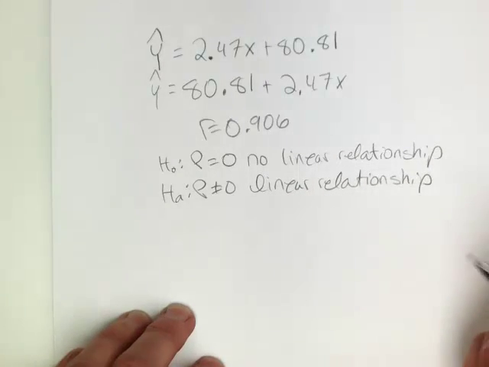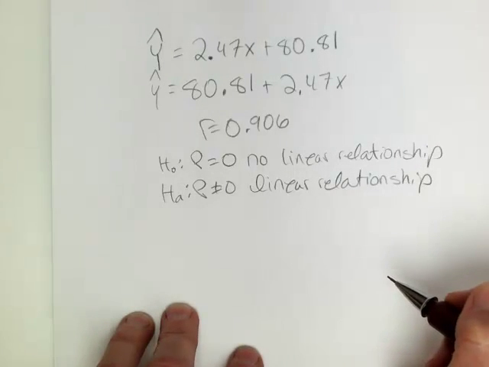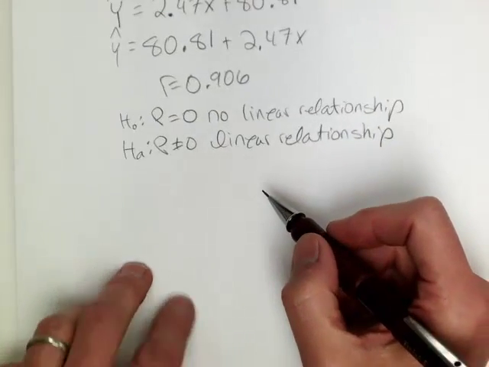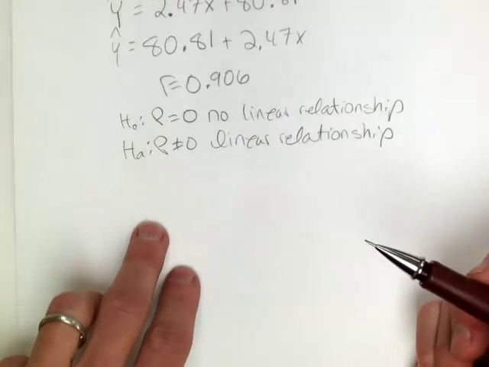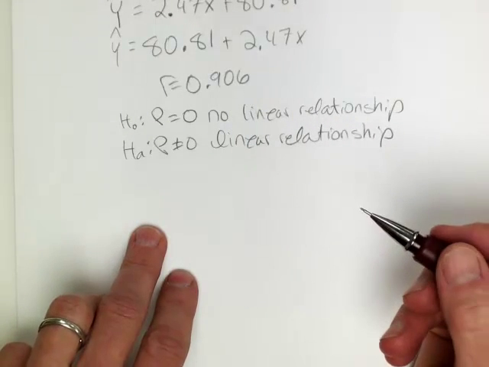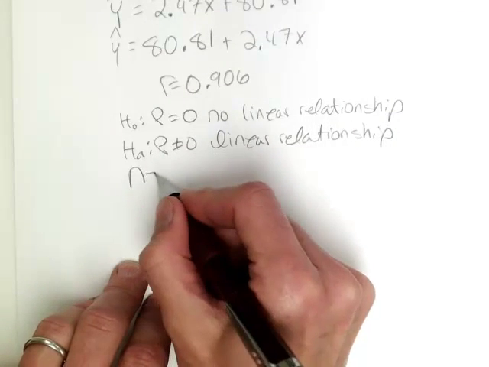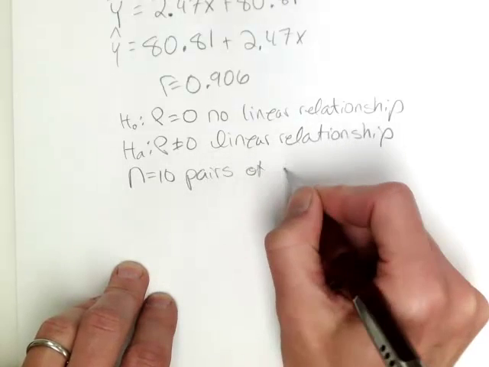This is also the same thing as testing whether or not our slope is equal to 0 for the corresponding regression equation. So we want to compare R to a critical value in table 11. To use table 11, we need the number of pairs, so n would be equal to 10 pairs of data.